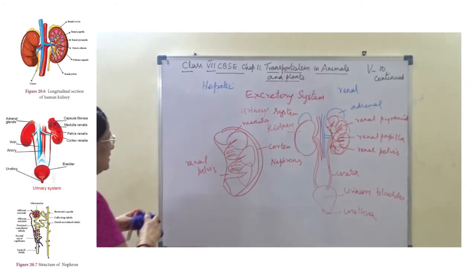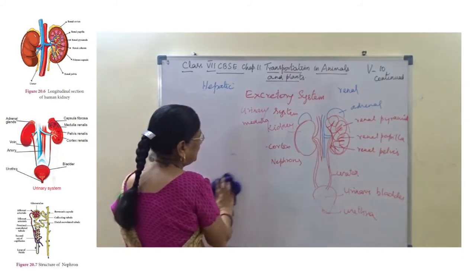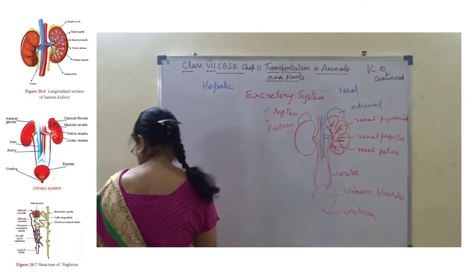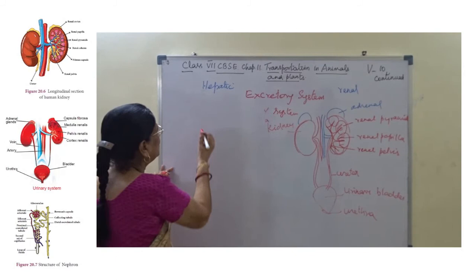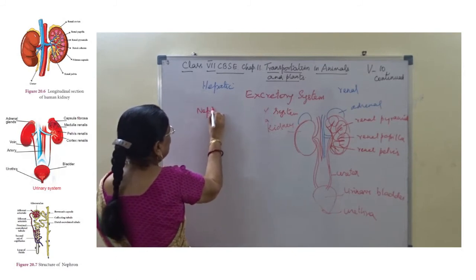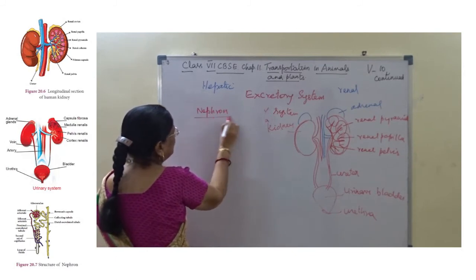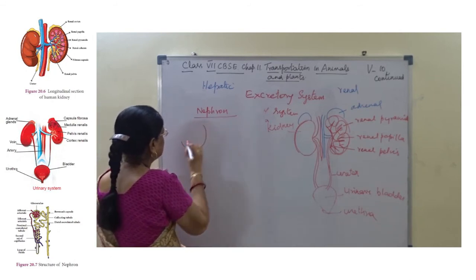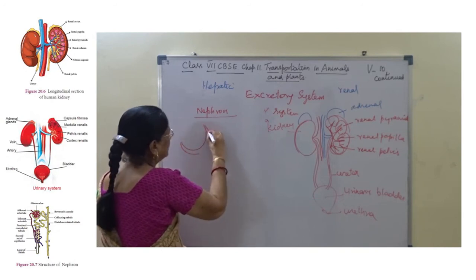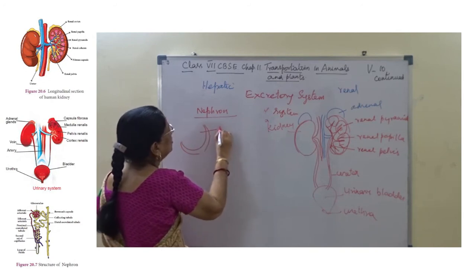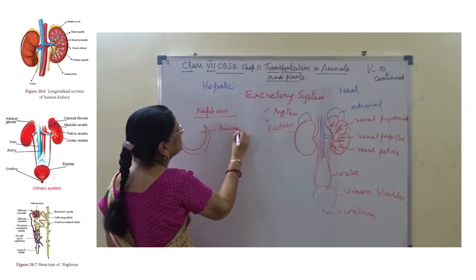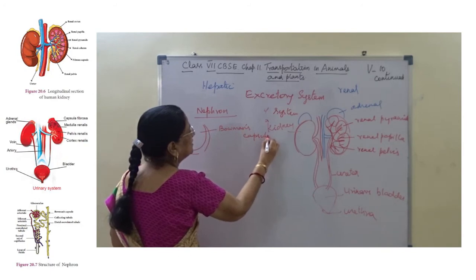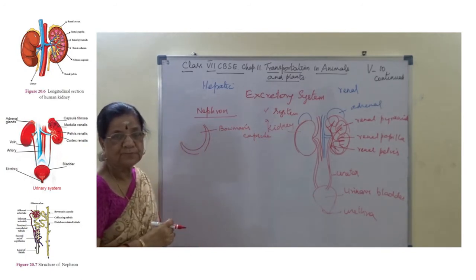Are you clear? Now we are going to learn the structure of the nephron. Now this nephron has a cup-shaped structure called Bowman's capsule.